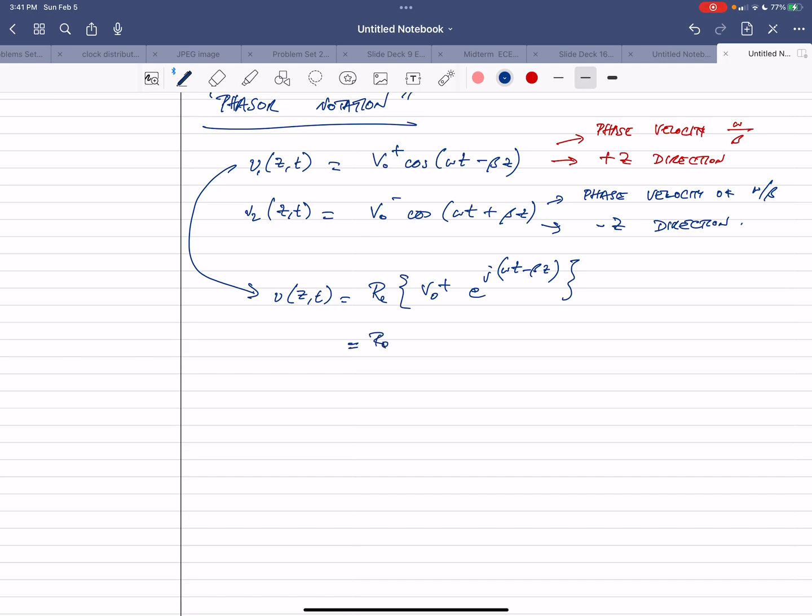And that's equal to the real part of V0 plus times cosine of omega t minus beta z plus j sine of omega t minus beta z.